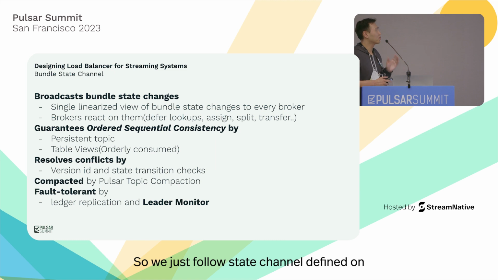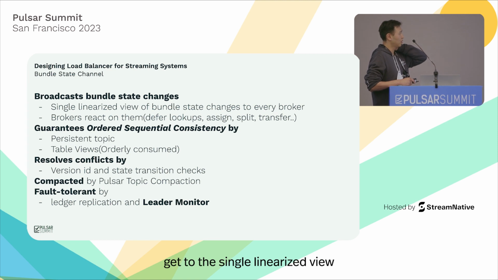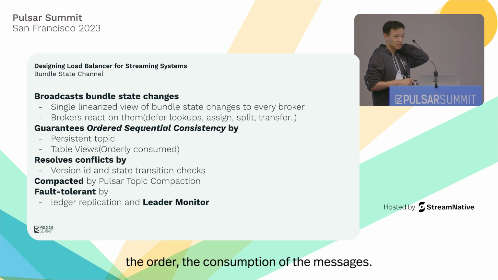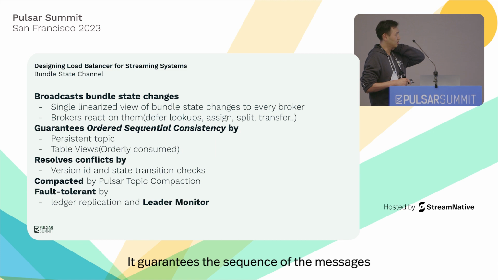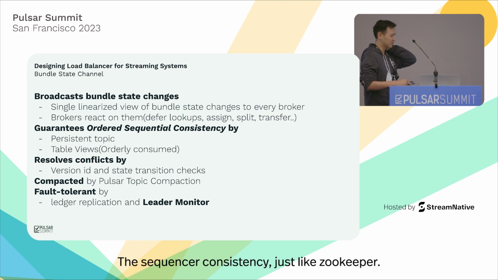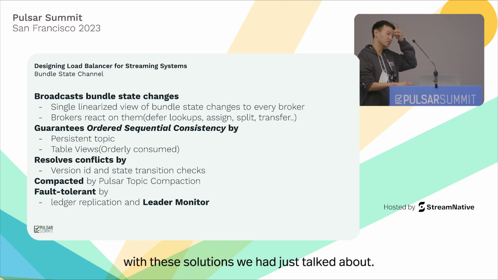With this bundle state channel defined, we can get a single linearized view, and table views guarantee the ordered consumption of the messages. The topic is also persistent. It guarantees the sequence of the messages in a single order, so that we can guarantee sequential consistency, just like ZooKeeper. So we can solve this consistency problem with the solutions we just talked about.